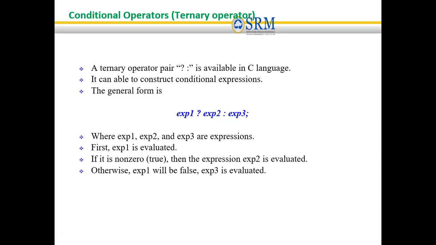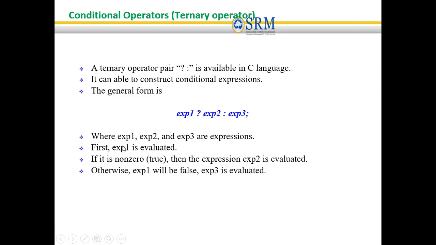This ternary operator is used to construct a conditional expression. The general form of the conditional expression is given here: expression 1 question mark, expression 2 colon, expression 3, and finally a semicolon as a terminator.